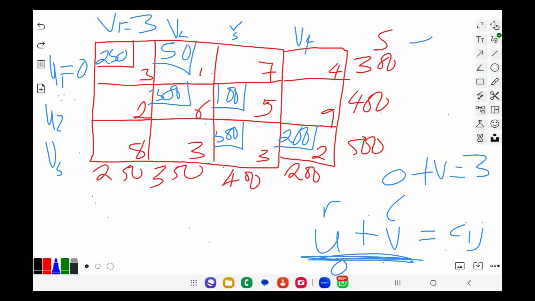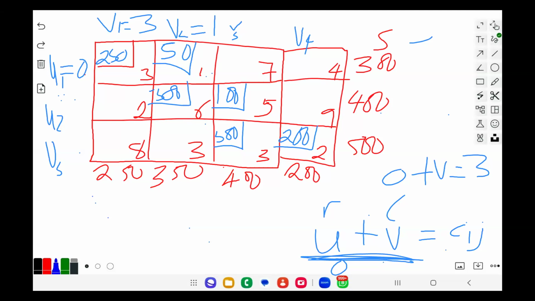This is the second cell. In this second cell, our U is already 0, and we get 1, which simply means that V2 is supposed to be 1, so that 1 plus 0 is equal to 1.